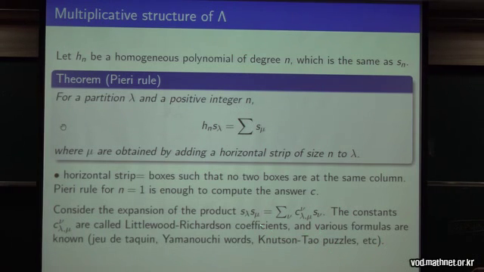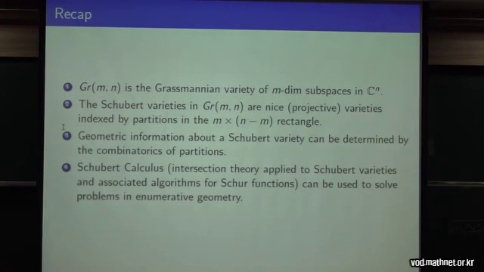This is just saying that for Schur functions, the multiplication is well known. There are many combinatorial rules that explain these constants, in terms of Zelevinsky, Yamanouchi, Littlewood-Richardson, and some puzzles, etc. These are well studied. So that's basically a rough summary of what I just mentioned.